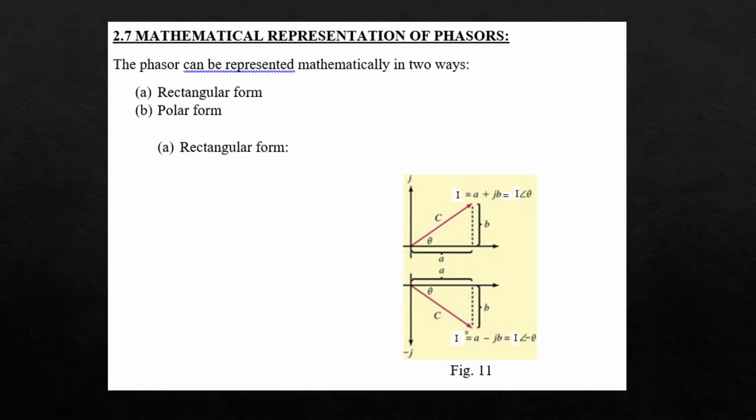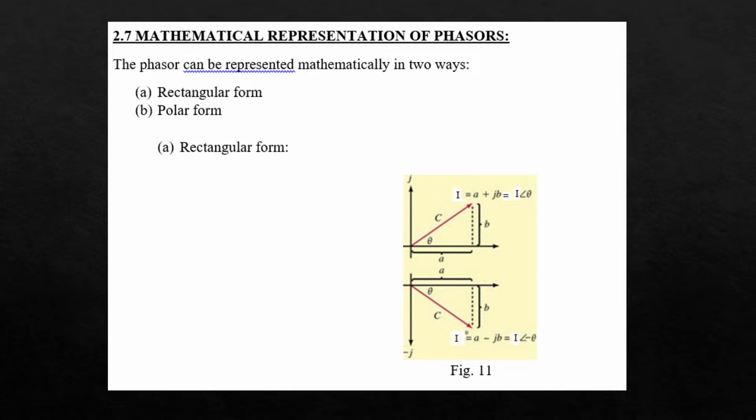OP is a vector which represents Em sin omega t. The maximum value of the AC voltage is OP, and its angle with the x-axis gives its phase. The projection of OP on the y-axis at any instant gives the instantaneous value of the AC voltage.